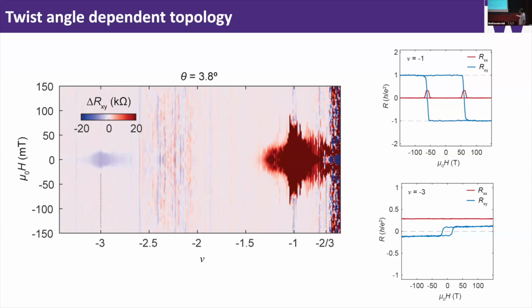At the top, if you go from low field to high field, the Rxy goes from positive to negative, but it's exactly opposite for filling factor -3. When we increase the field, the Rxy goes from a negative number to a positive number. Okay, so this tells us we do have opposite signs of Chern numbers for the first band and the second band at the twist angle of 3.8 degrees.